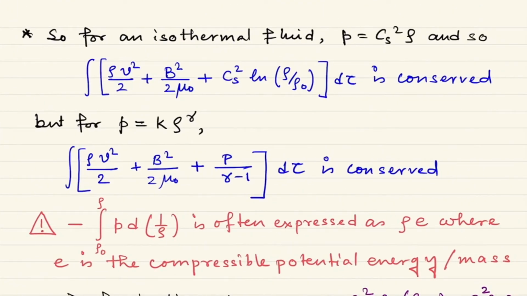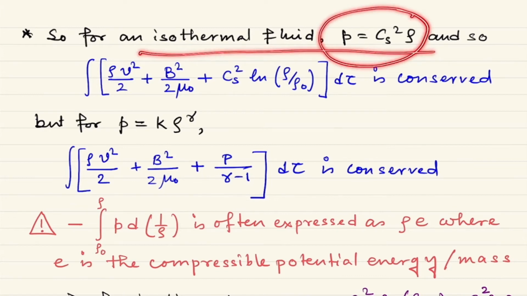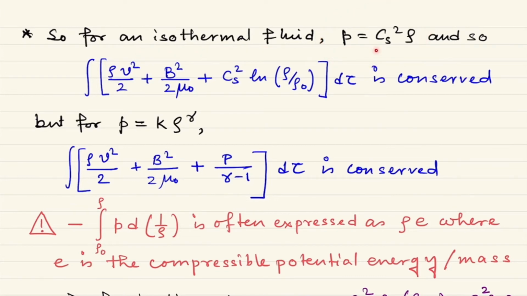Before showing this conservation or invariance, we discuss two small points. One is what the compressible potential energy function will be for a simple isothermal fluid having this very simple closure, P is equal to some constant square rho, and this constant is nothing but the sound speed square.